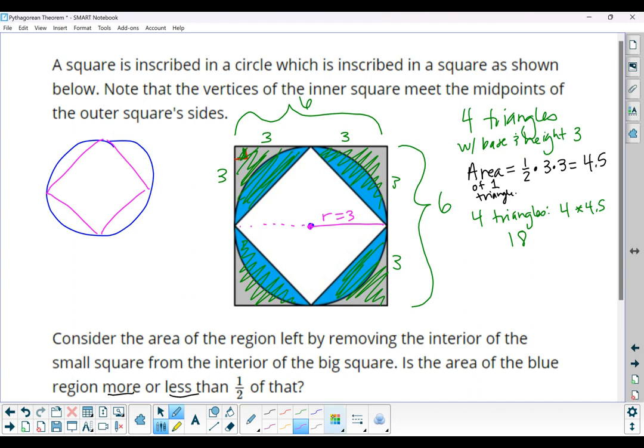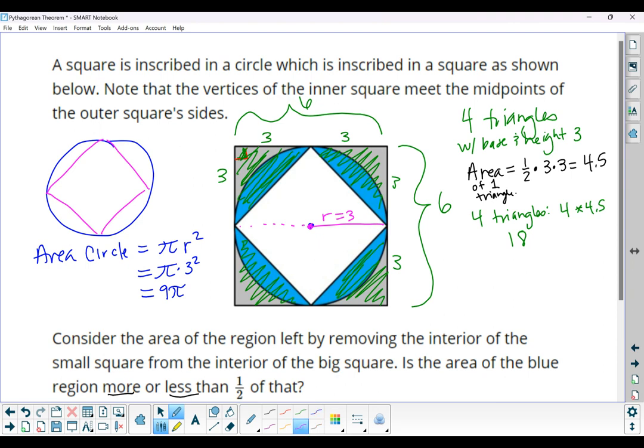So for the blue circle, the area formula is pi times the radius squared. So this would be pi times 3 squared. And if you do that in your calculator, it'll just leave it with the pi. So this is 9 pi.